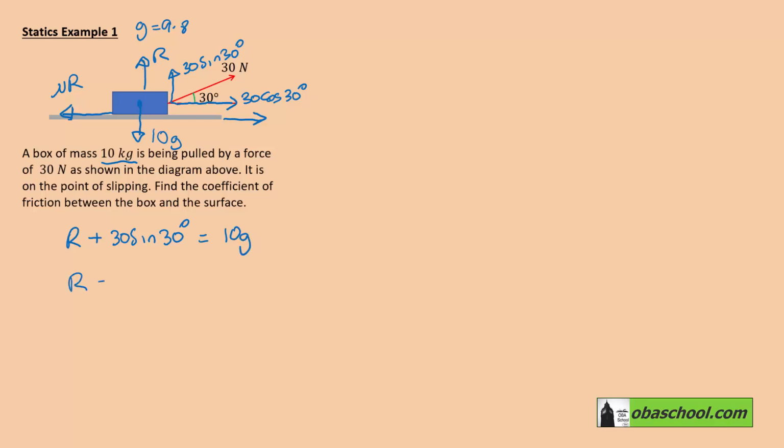So R is going to be, well, 10 times 9.8 is 98. I know sine 30 is a half, so it's going to be 98 take away 15. And so R is going to be 83 newtons. So that was looking at the vertical forces.